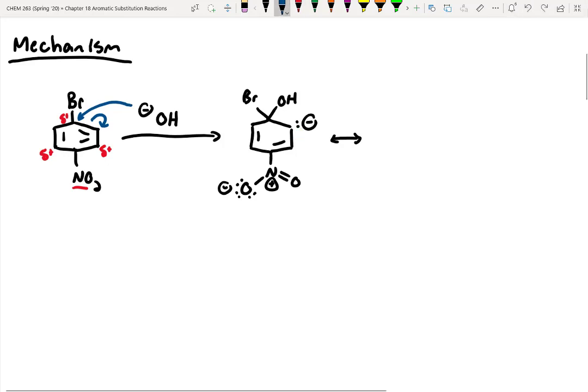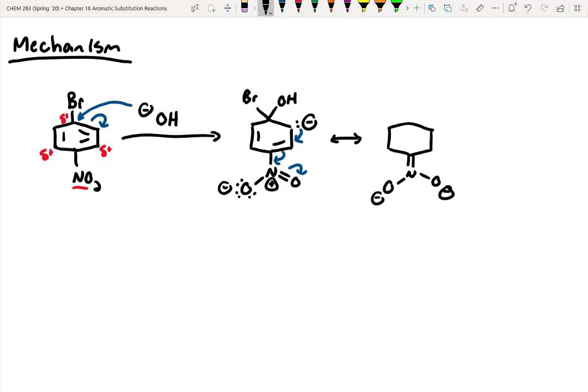Let me keep my arrow colors consistent. It can delocalize that negative charge all the way over to one of the oxygens in the nitro group. That gives each oxygen a negative charge and creates a relatively stable, resonance stabilized intermediate.